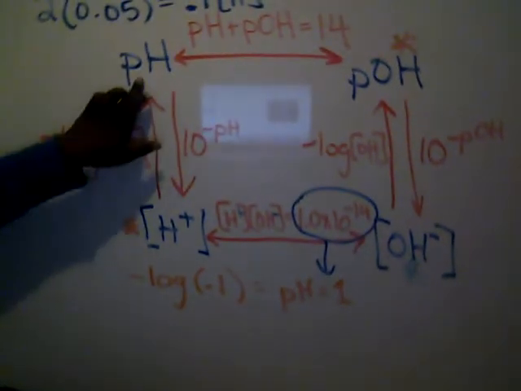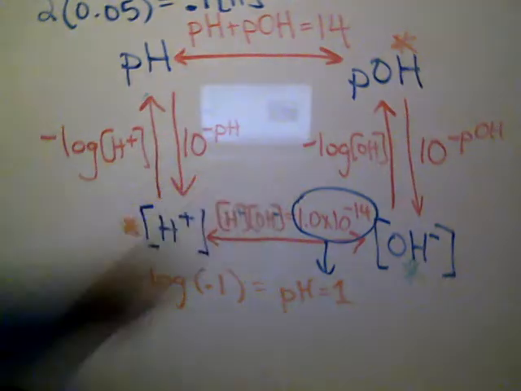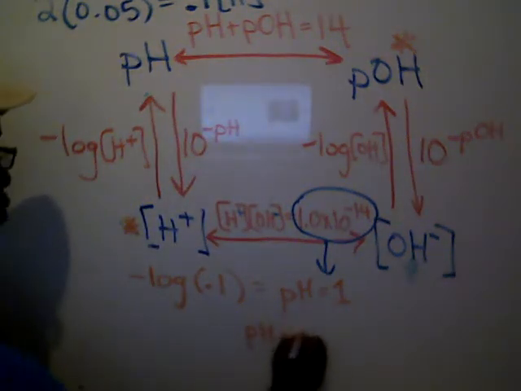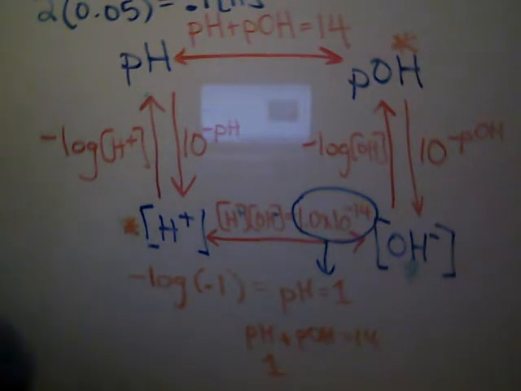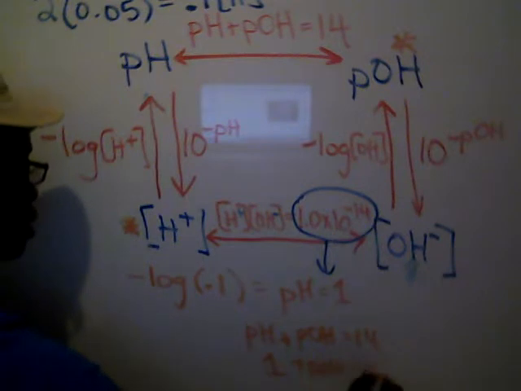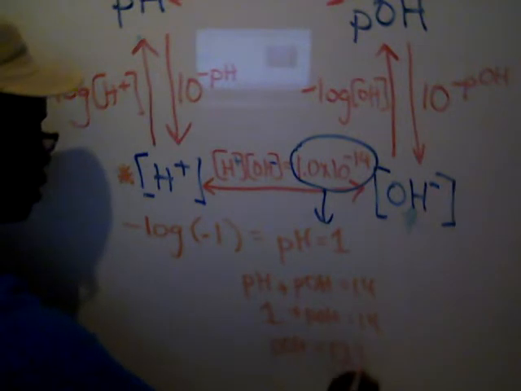And then, if we know the pH, we can easily go to the pOH by subtracting it from 14. So we know pH plus pOH equals 14. Well, we just found out that the pH was 1. So then that tells us that the pOH has to be 13.